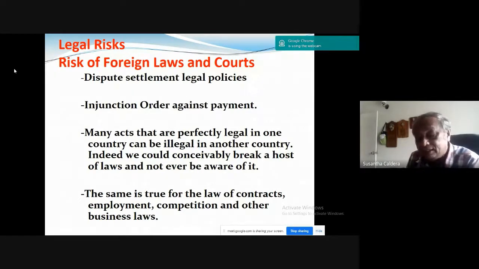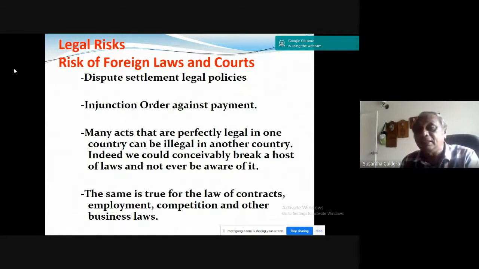Right? In those days, within hours, you could put a motion and ask for an injunction order. Then you have to make proof. Now Sri Lanka is better. Earlier, we could easily get an injunction.